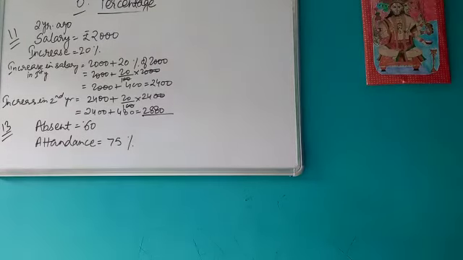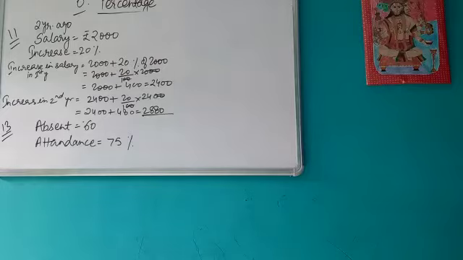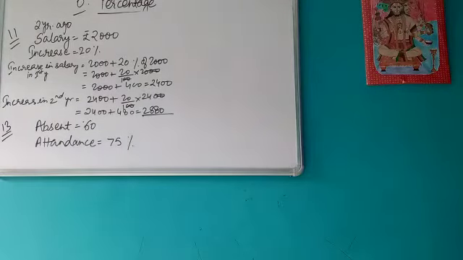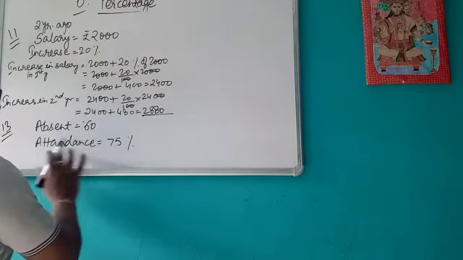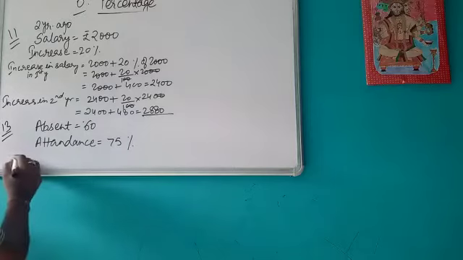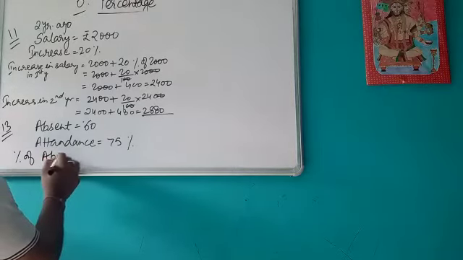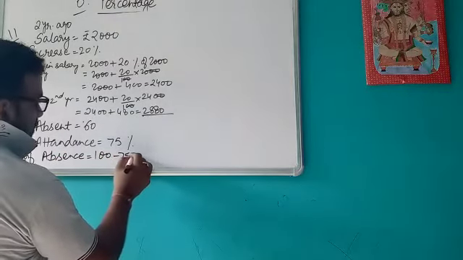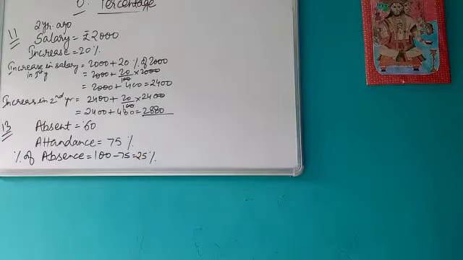Okay, then it is given that Sonali is absent for 60 working days and her attendance was 75%. So we have to calculate total working days. Since her attendance is 75%, the percent of absence will be how much? 100 minus 75, that is 25% of the total working days she will be absent.